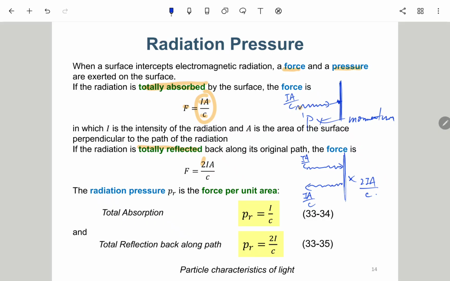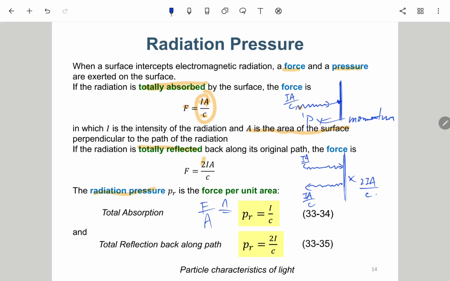So anyway, we have some forces if a surface absorbs the EM radiation or totally reflects the radiation. And then we also have something called the radiation pressure, which is the force divided by the cross-section area. A is the cross-section area, the area of the surface. So PR will be the force over the cross-section area.